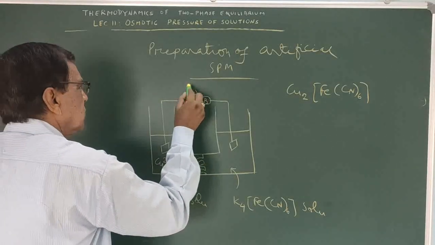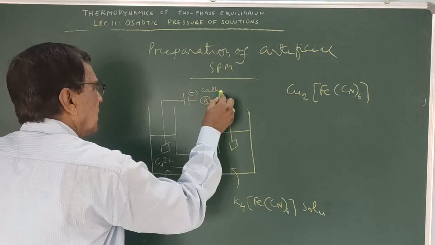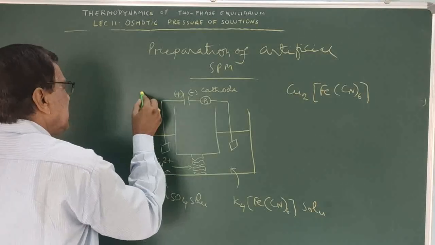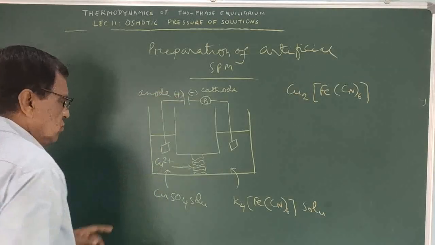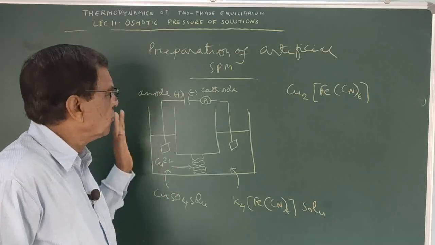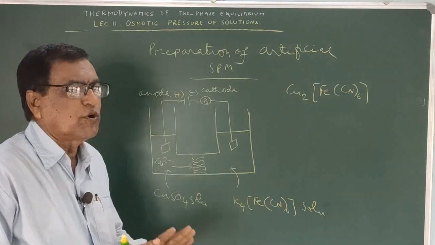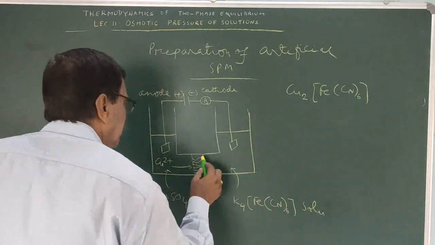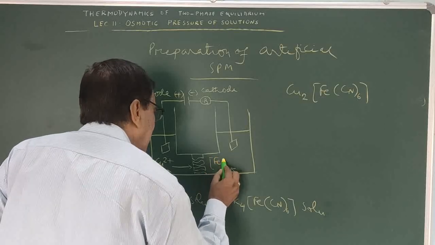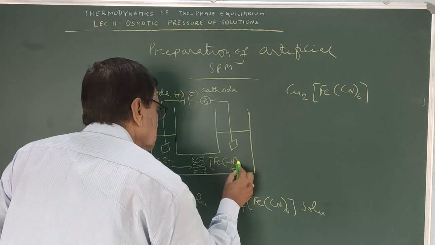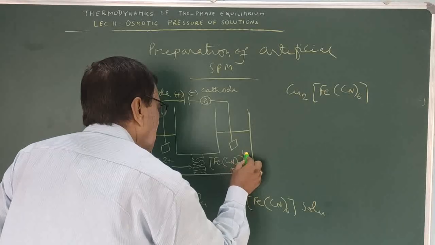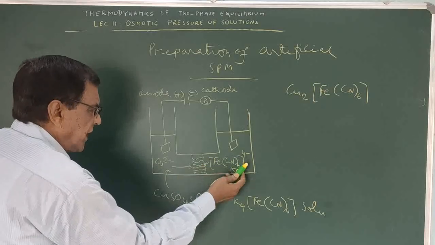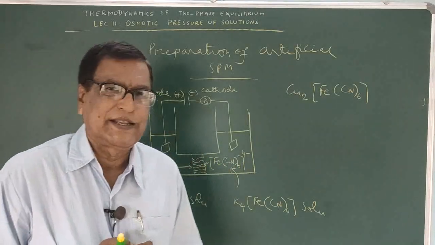This is the negative electrode, the cathode, and this is the positive electrode, the anode. So the copper cation will move towards this cathode through this porous barrier, or pore channels. Similarly, the ferrocyanide ion, which is an anion, will also come from right to left through these pore channels.